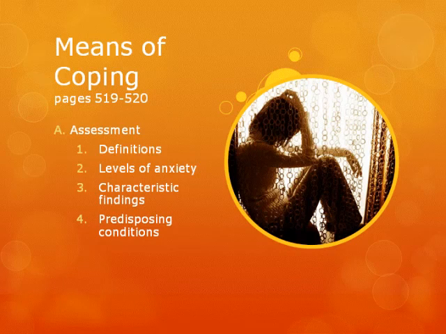Okay, ego defense mechanisms. Let's flip on over to that section because you do need to be able to recognize those, and they're listed on page 522. Now, if you need additional examples of these ego defense mechanisms, you have several on page 20 in Townsend.